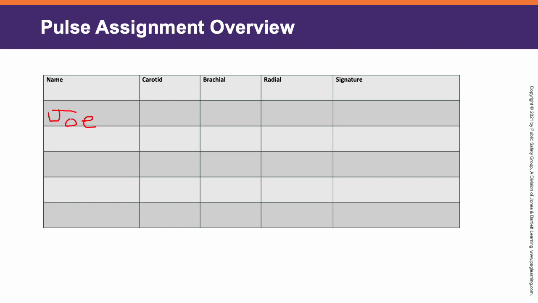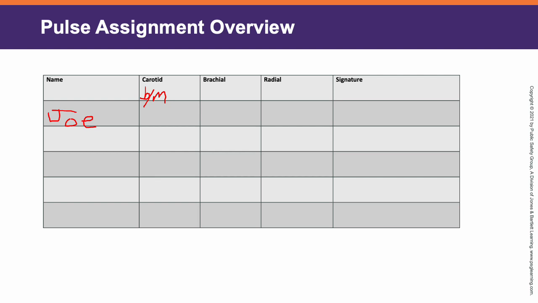I went and found his carotid pulse, and I counted it for 30 seconds. I have a watch up, I'm looking at the clock, and I'm counting while the second hand is going. Once it's got to 30 seconds, the number that I have gotten is how many beats per 30 seconds he has. Now, this is going to be measured in beats per minute.